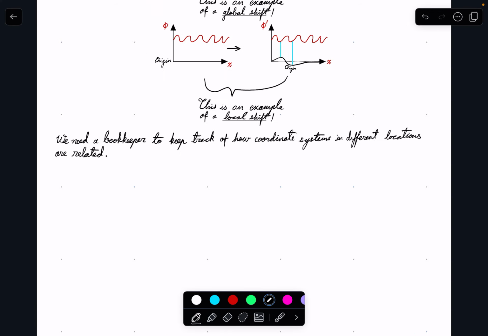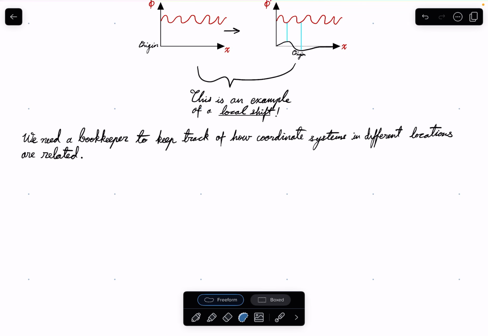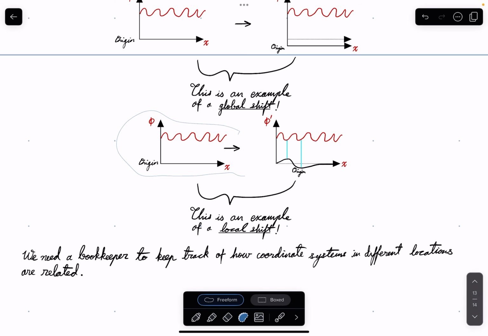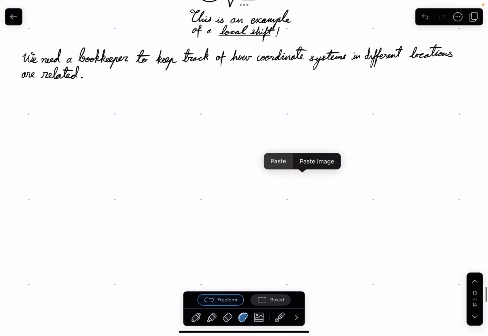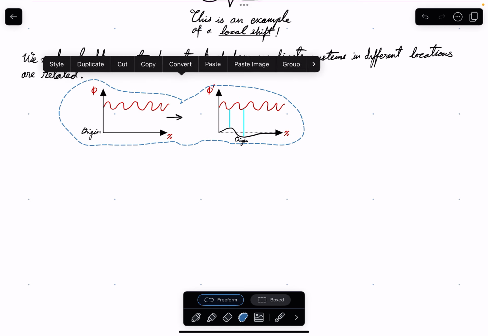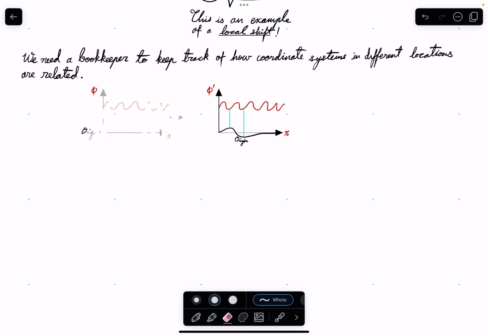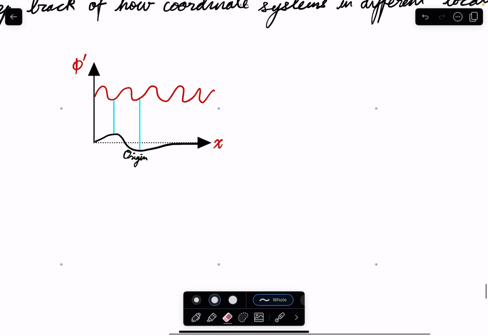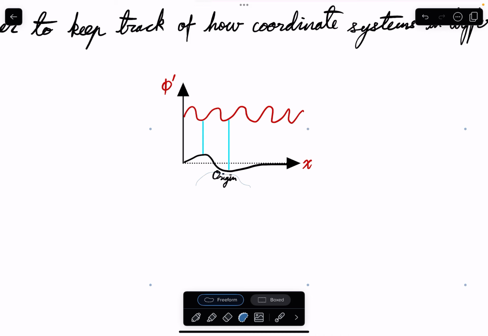So what we end up doing is I'm just going to copy and paste this here. I don't need to copy the whole thing. We take this, you can see that the origin clearly is moving. We're just going to put that there.